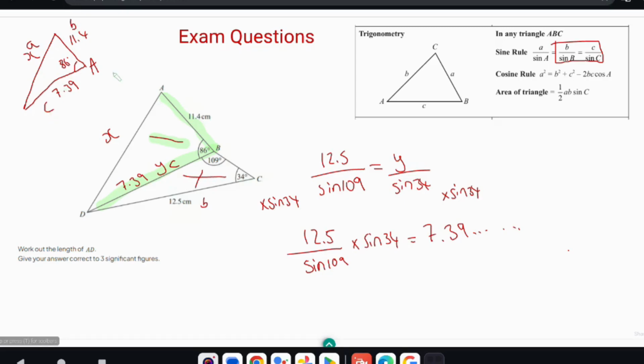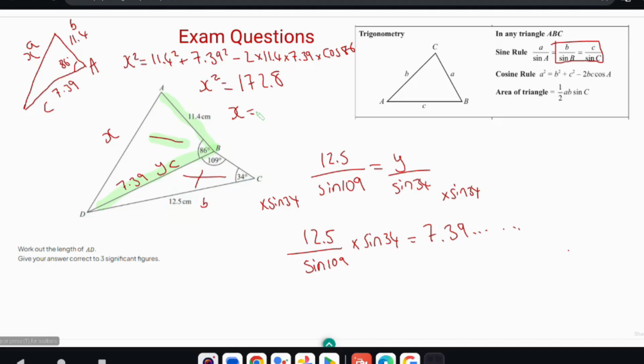B and C do not matter. So a squared is b squared plus c squared minus 2 times b times c times cos A. That gives 172.8.